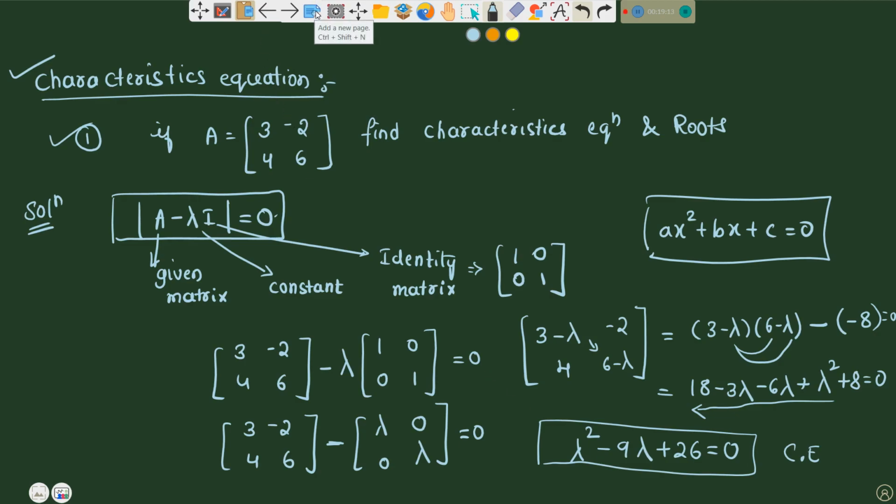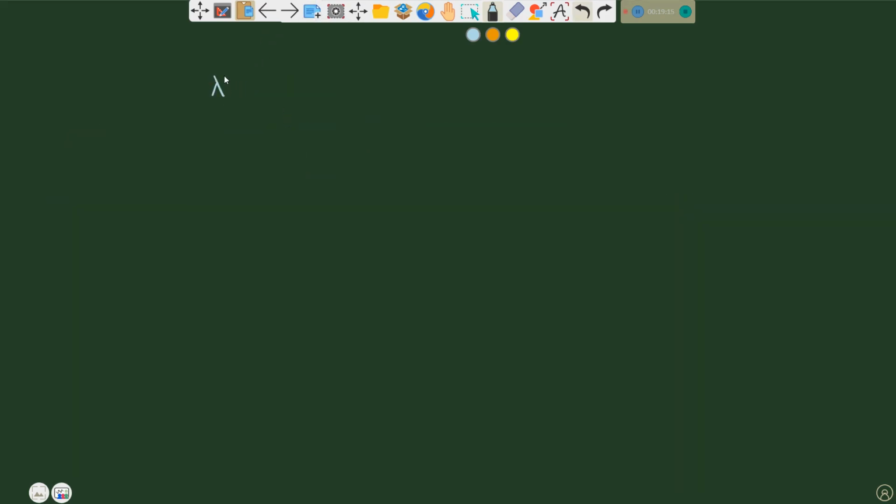Let us see. Now lambda square minus 9 lambda plus 26 is equals to 0. Here you have to take the c term. You have to split it and find two roots such that if you multiply them, the product should be equals to 26.